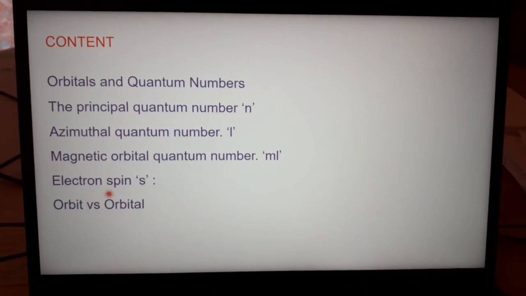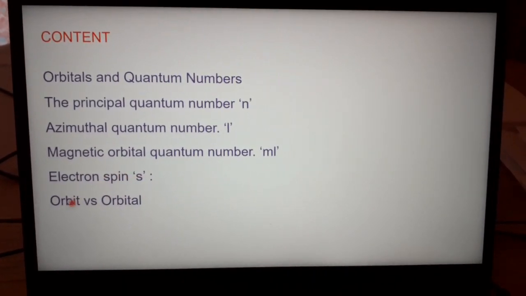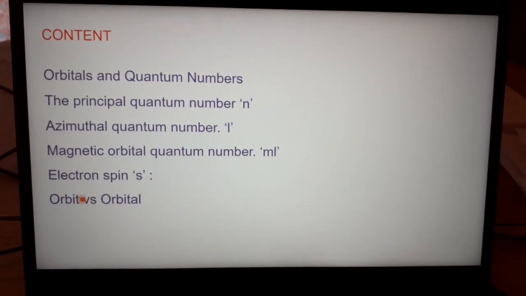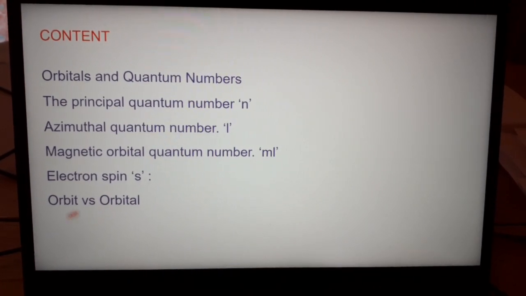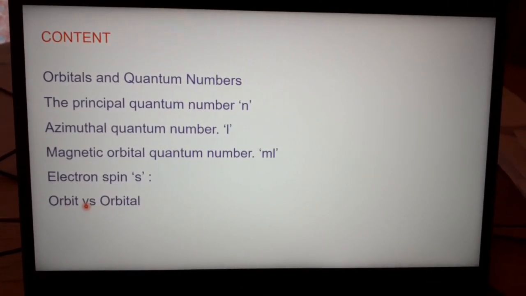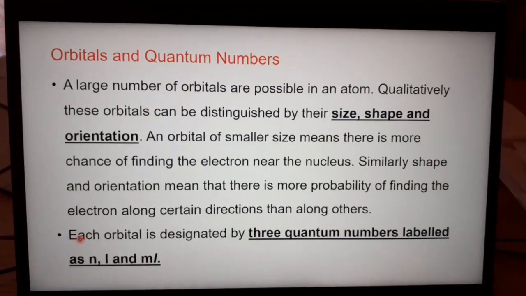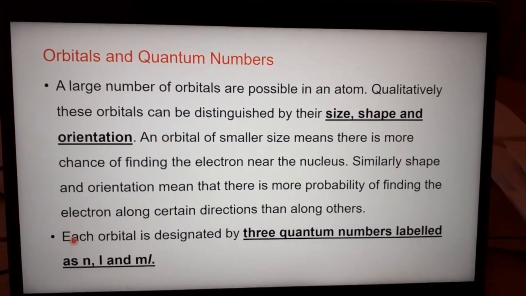And finally the spin quantum number, which is also called the electronic spin state. And next we will discuss what the difference is between an orbit and an orbital, right? So, orbitals and the quantum numbers.